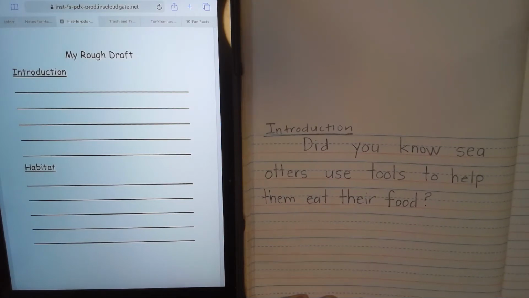So I started with a question. Did you know sea otters use tools to help them eat their food?